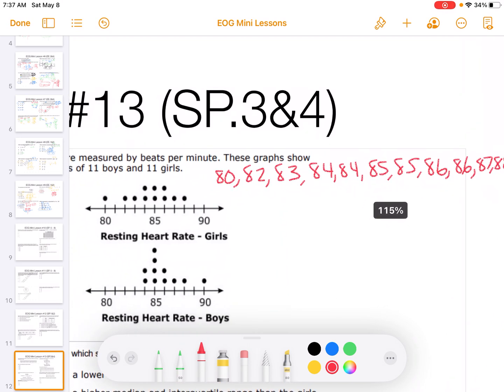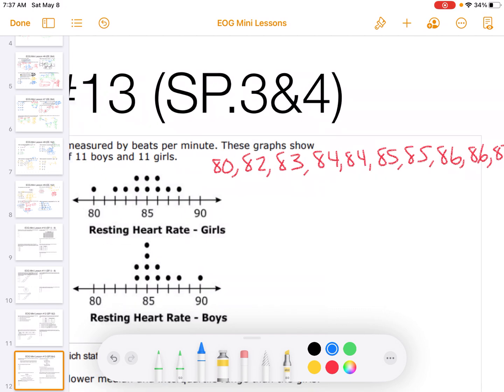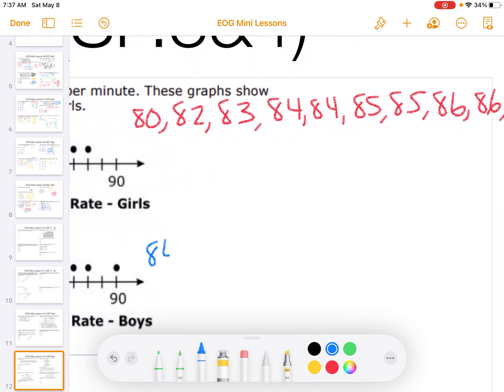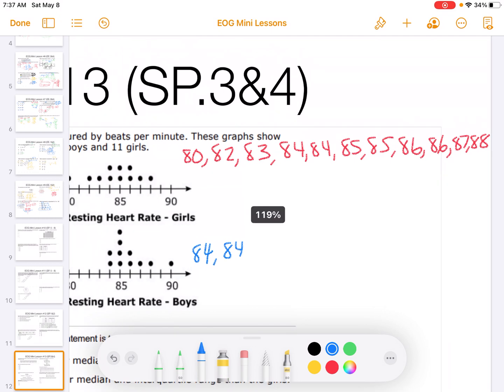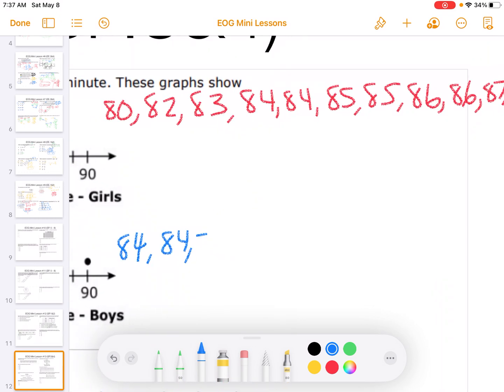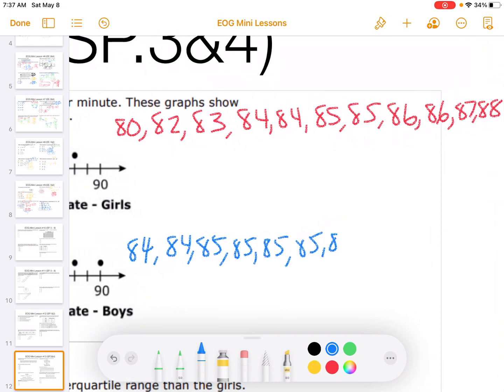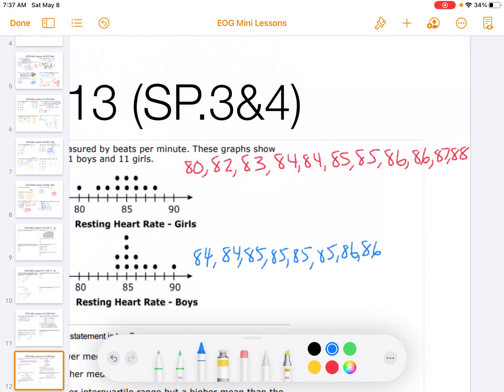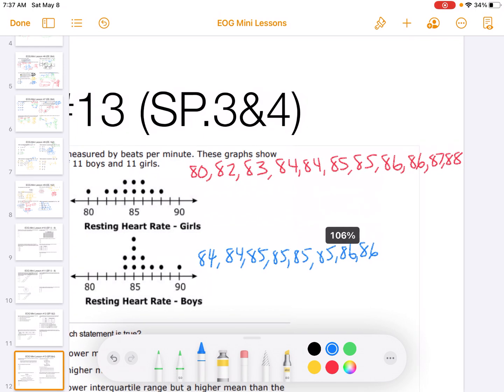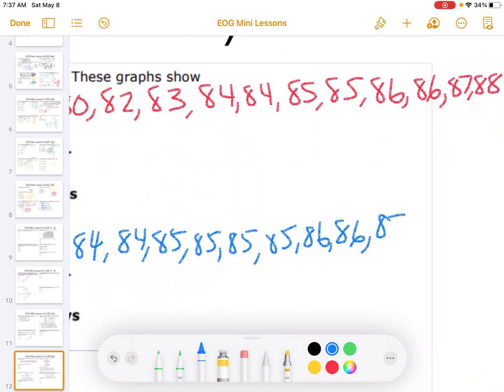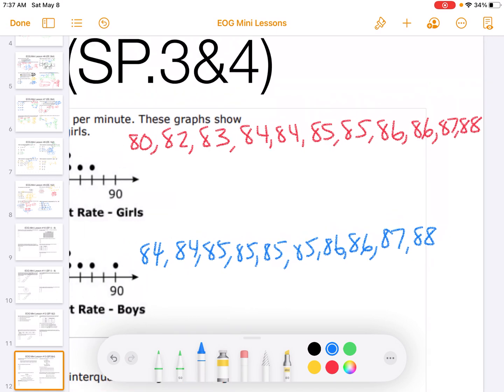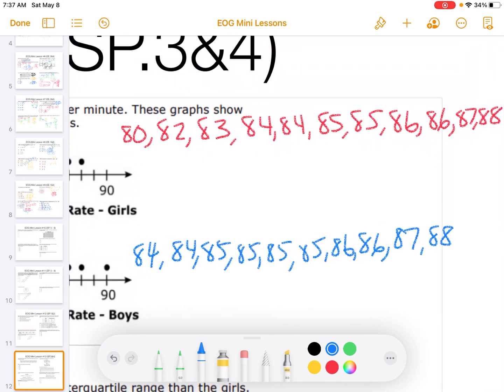All right, the next one says I have to put the numbers in order for the boys' heart rate. So that would be 84, 84, then 4 85s, then 2 86s, then 87, 88, and a 90.